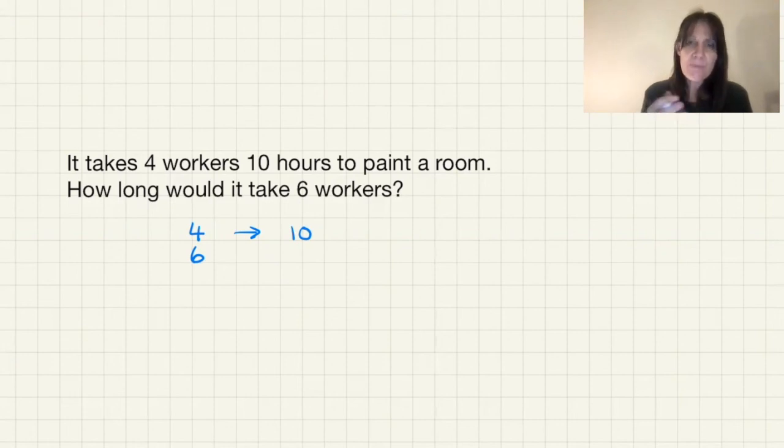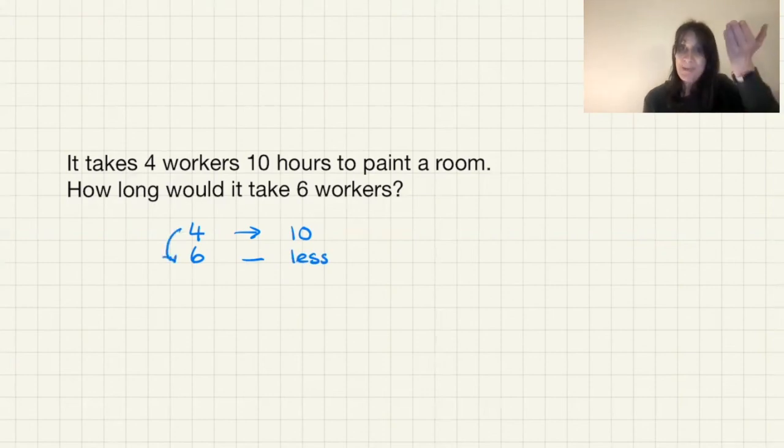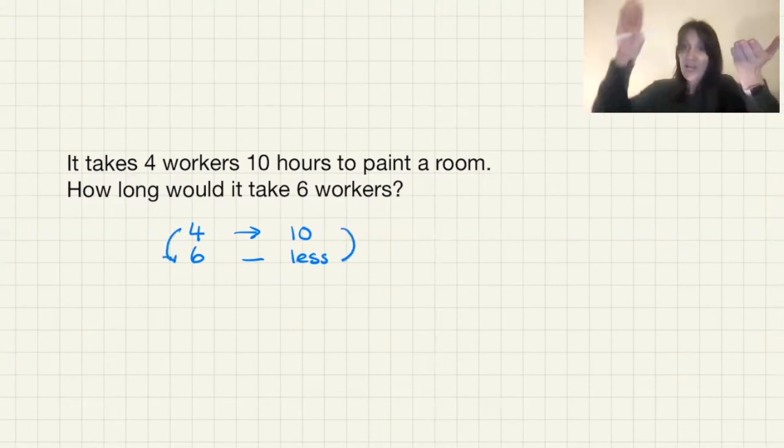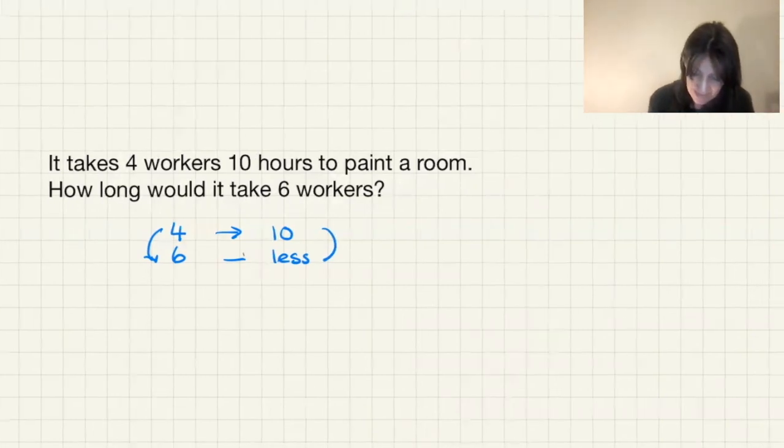If it's going to take 4 people 10 hours, if I've put 6 people in, it's going to take less time. So I know it will be less. I don't know what the number is yet, but I know it will be less. So you've got this going up and you've got this going down. And you can see that that is an inverse proportion question.